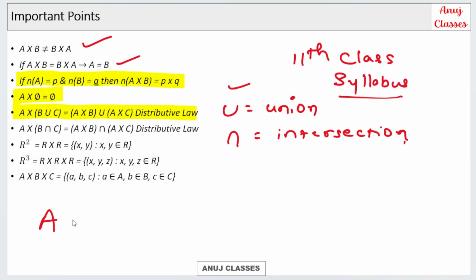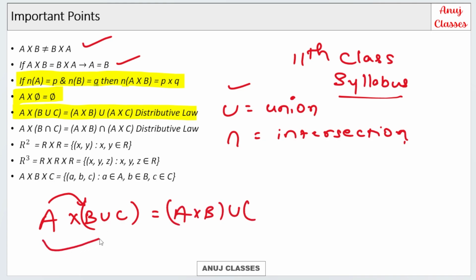So A cross B union C equals, first we take A and B, so A cross B, union of, then we take A and C. The same thing we wrote here. Now the same thing will also follow if we have intersection in place of union. So this law will also work in the case of intersection.